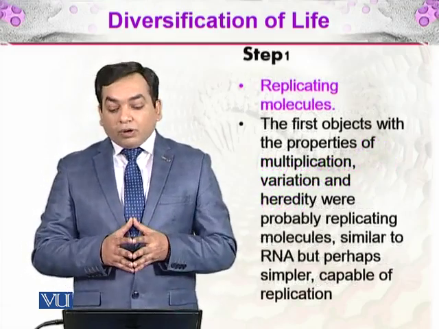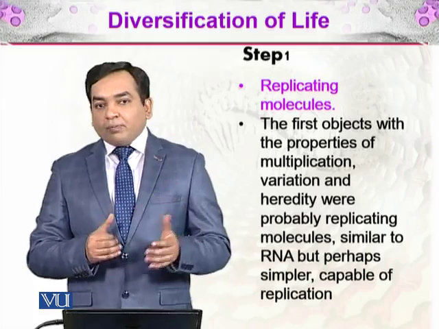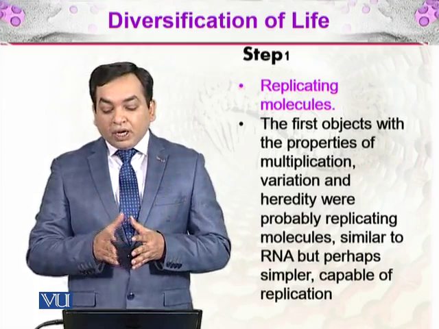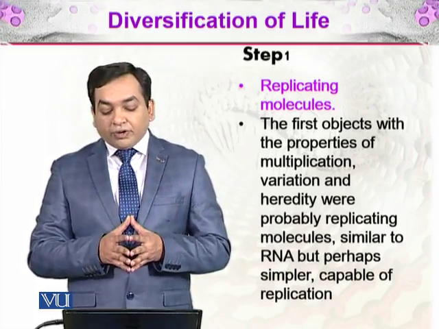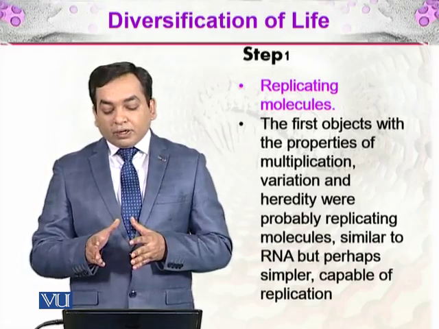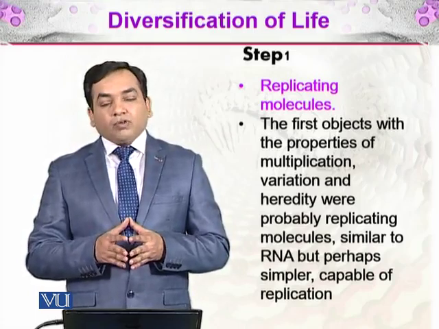So the first step was replicating molecules. At some point in the Precambrian era, there were some molecules which were replicating themselves. The first objects with the properties of multiplication, variation, and heredity were probably replicating molecules similar to RNA, but simpler and capable of replication.